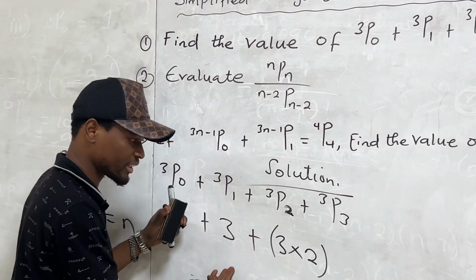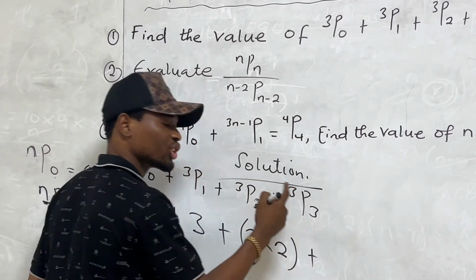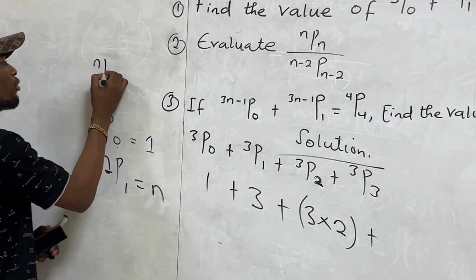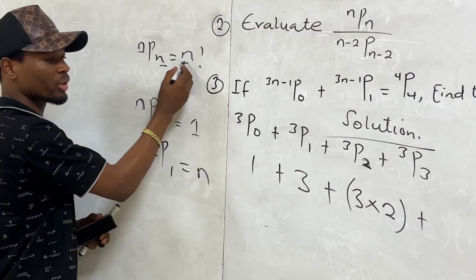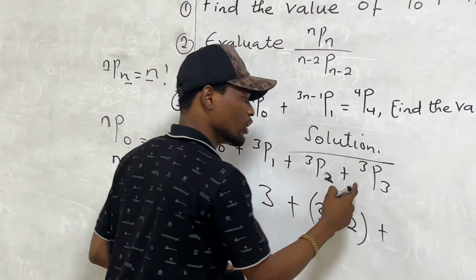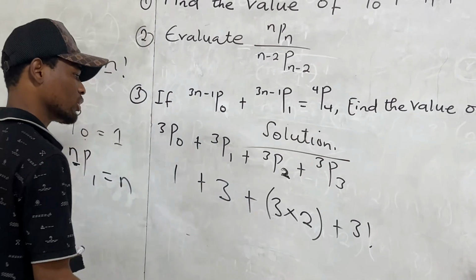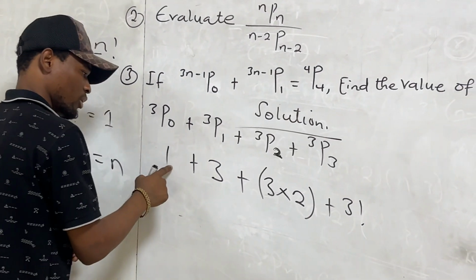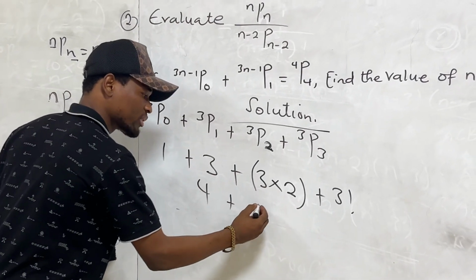When I'm done solving this, I'll use the long way approach. Then plus 3 permutation 3. We said n permutation n is n factorial. So 3 permutation 3 gives 3 factorial. So therefore I have 1 plus 3 is 4. Then plus 3 times 2 is 6.